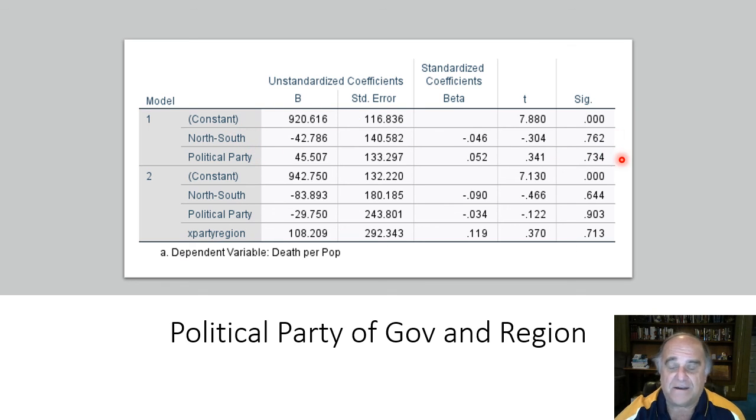You can see none of these are significant, which isn't very interesting. The interaction isn't significant. So overall, we can conclude that looking at political party, looking at region of the country, north-south, doesn't really make a difference in terms of predicting COVID deaths.